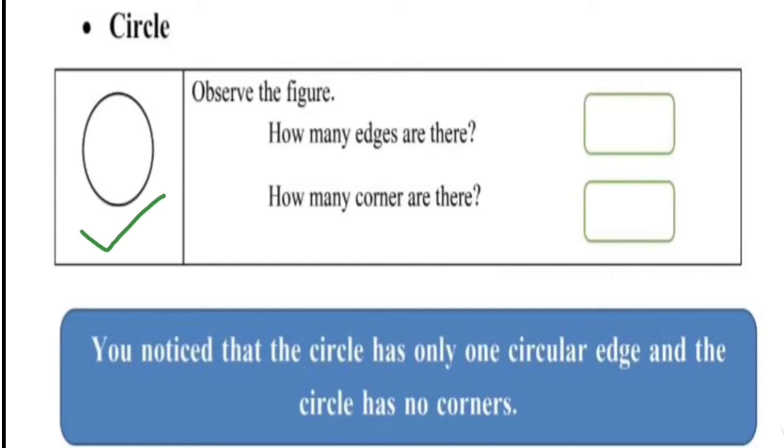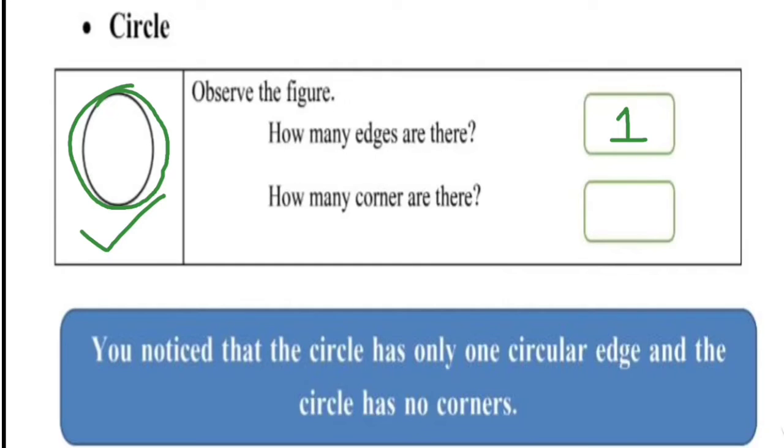So dear students, which figure is this? This is a circle. Observe the figure carefully and answer the question. How many edges are there? One curved edge. The circle has one curved edge. This is the one curved edge. Understood?